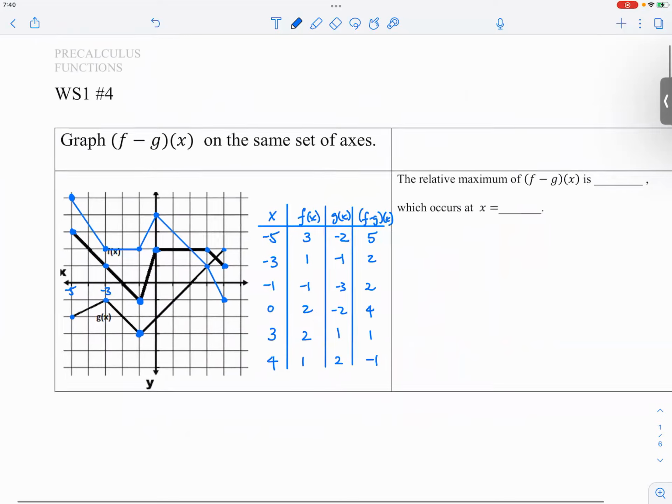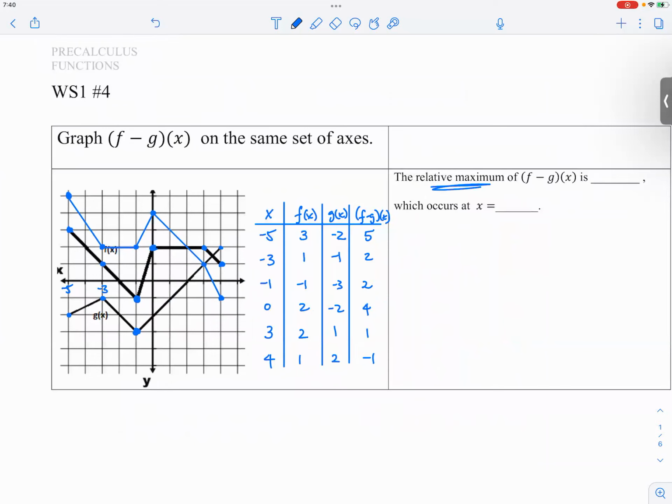Okay. And then we say, all right, what is the relative maximum? So can you see the relative maximum on this graph? Okay, this would be your relative maximum right here.